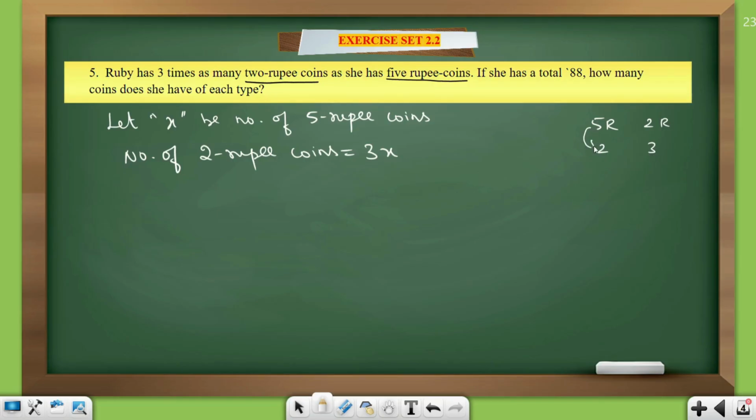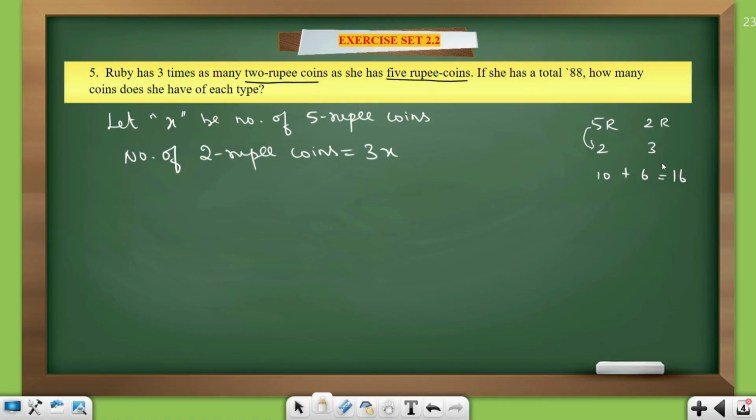First of all, I have to multiply the values to get the final amount. Since I have 2 five rupee coins, 2 fives are 10, and since I have 3 two rupee coins, 2 threes are 6. So 10 plus 6 equals 16. So the sum is 16.